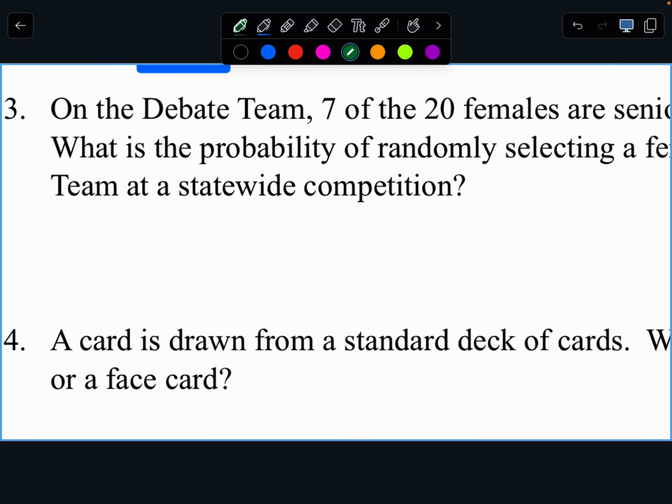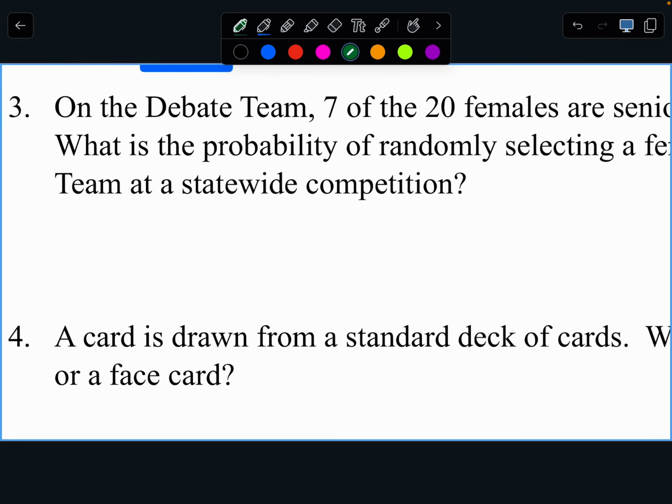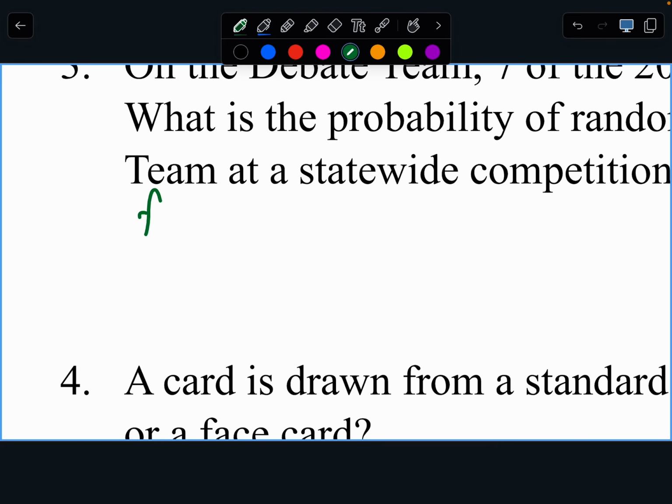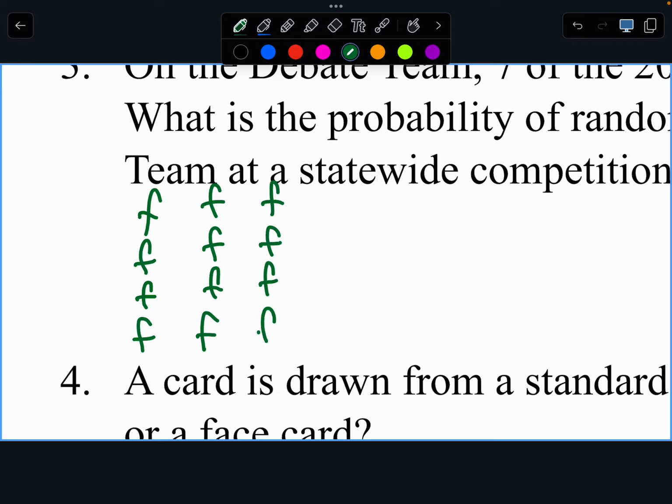Now, here's what we're going to do. We're going to draw a sample space. There are 20 females. So let's draw 20 Fs. Just the initial is fine. F, 2, 3, 4, 5, 6, 7, 8, 9, 10, 11, 12, 13, 14, 15, 16, 17, 18, 19, 20 females there.